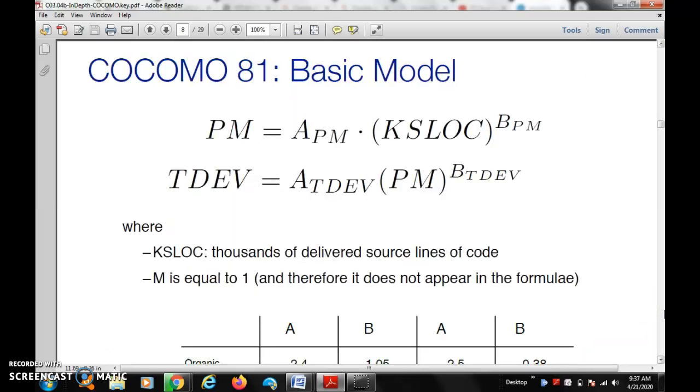COCOMO 81 basic model: PM equals A times KSLOC to the power B, and TDEV equals C times PM to the power D. Here KLOC is thousands of delivered source lines of code, and M is equal to 1.